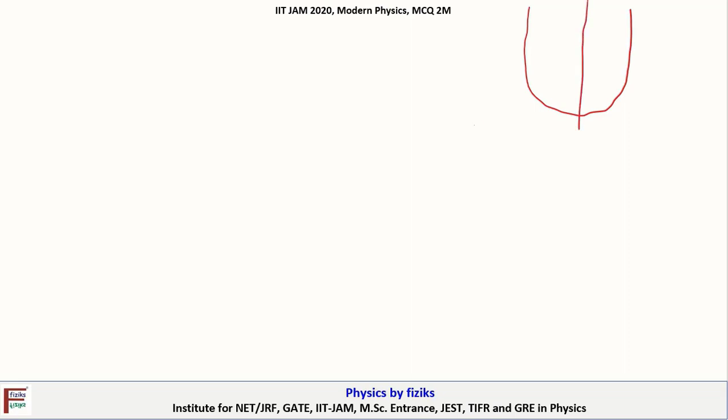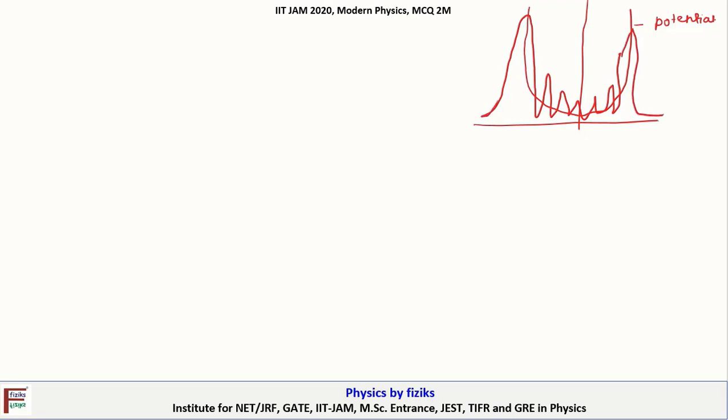This is the classical potential curve, and when we plot psi n of x for large n, the quantum mechanical curve resembles this curve.